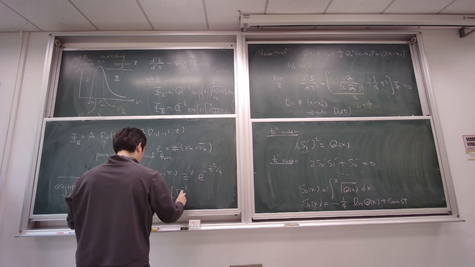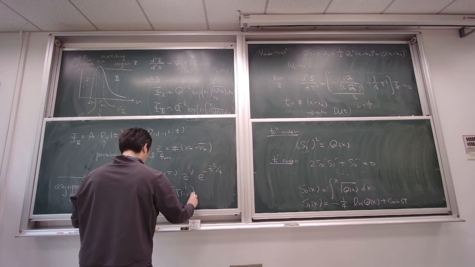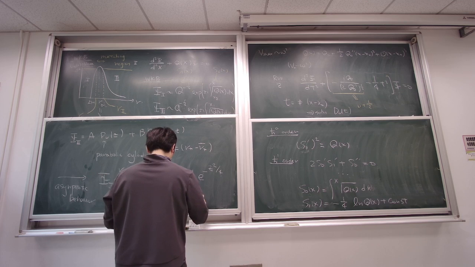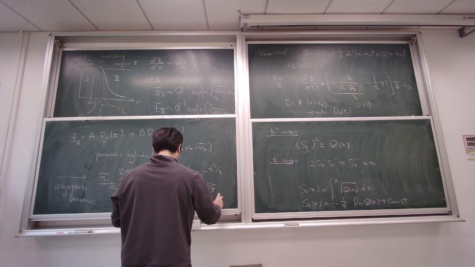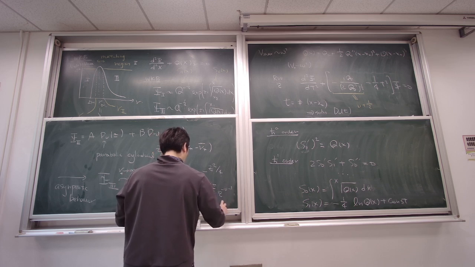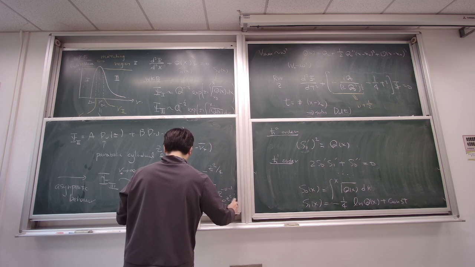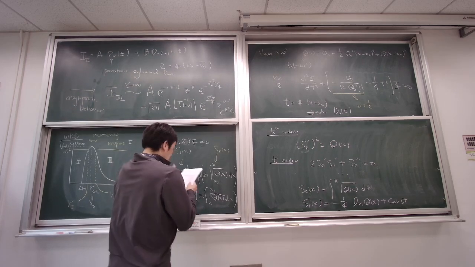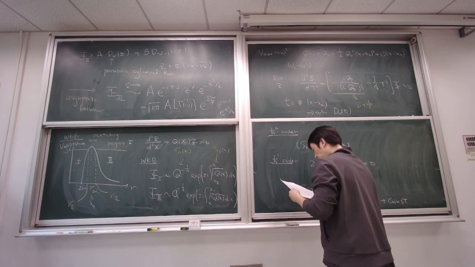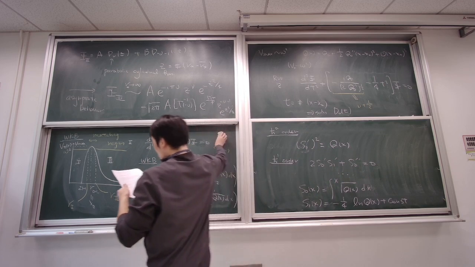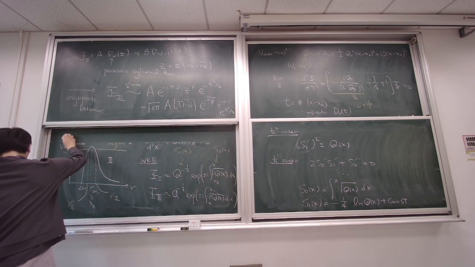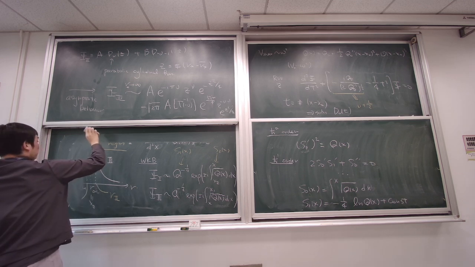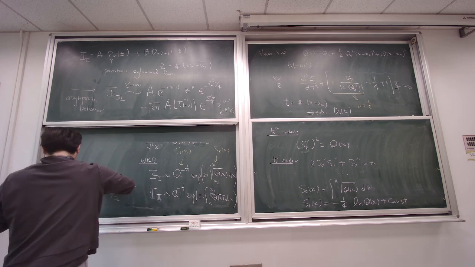Anyway, it's a complicated function, but you have some oscillation mode, z to the minus nu minus 1, e to the z squared over 4. That's the case. Anyway, it's too late.